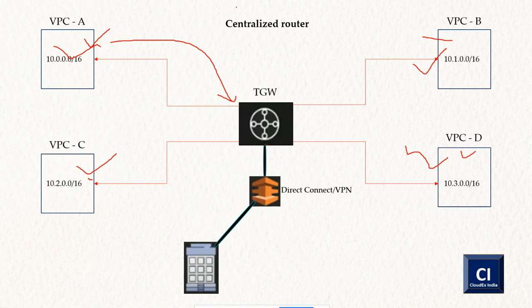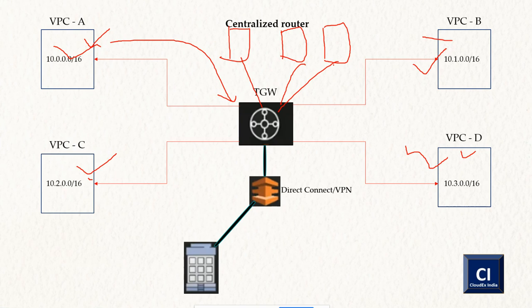If you have more VPCs in your environment and you have done the attachment, then VPC-A can communicate with all of them as well. And the same thing happens with all the VPCs. They can communicate with each other. So you can see here, 7 VPCs, 7 connections.